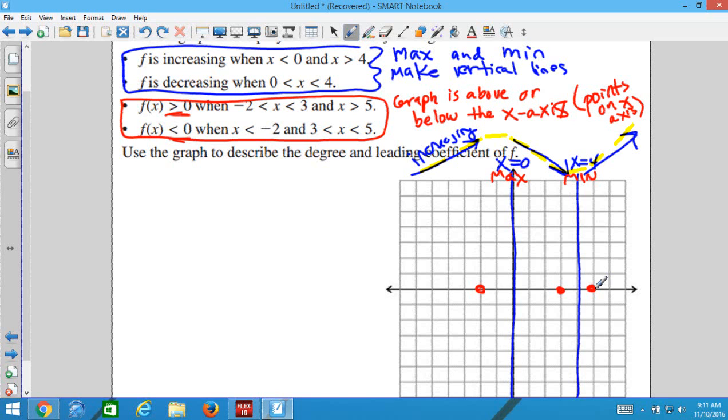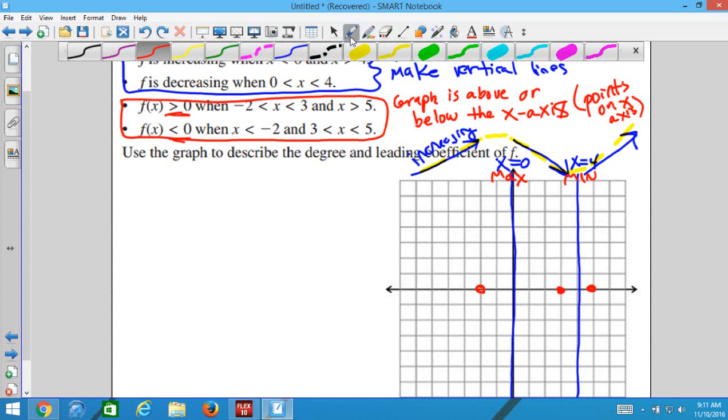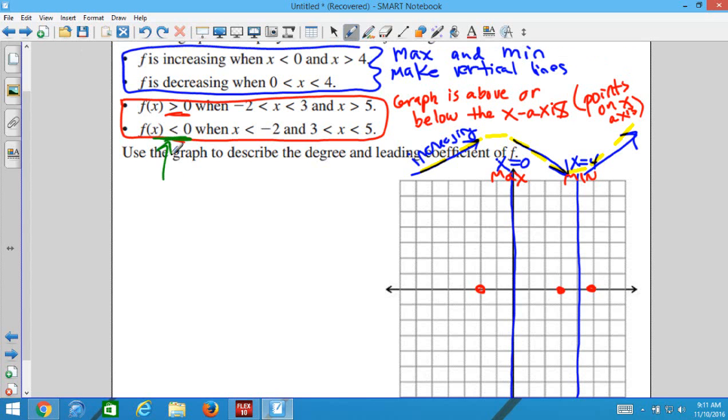So now we just have to think about it. It is less than 0, that means below the x-axis, when x is less than -2. So over here. Then it is above the x-axis between -2 and 3.